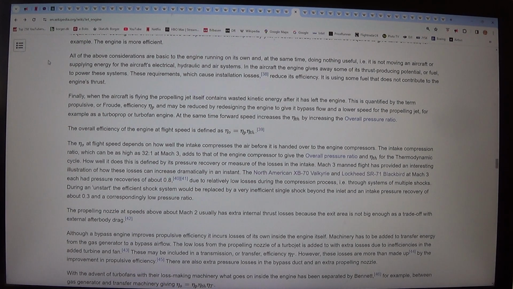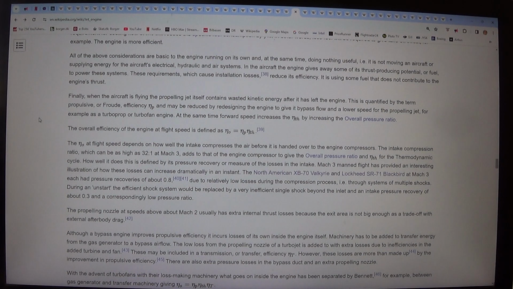In the aircraft the engine gives away some of its thrust-producing potential, or fuel, to power these systems. These requirements, which cause installation losses, reduce its efficiency. It is using some fuel that does not contribute to the engine's thrust.